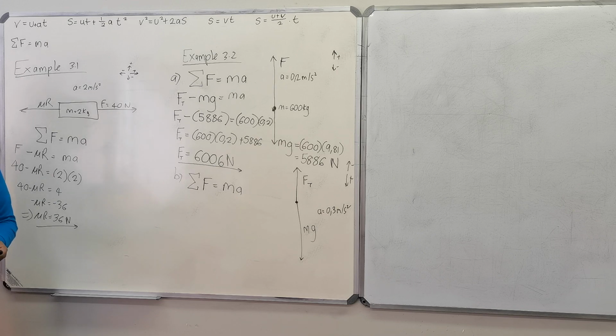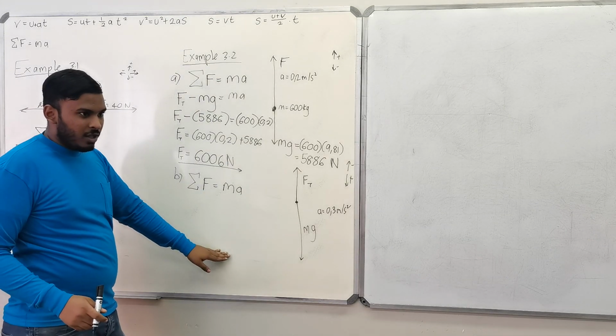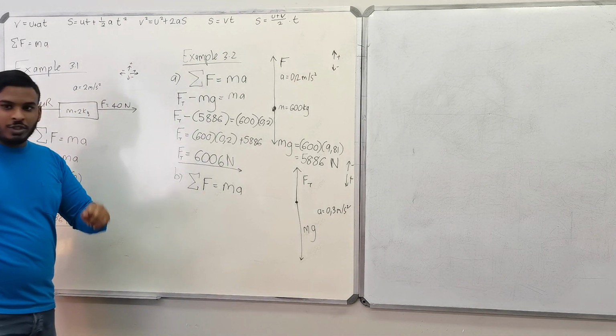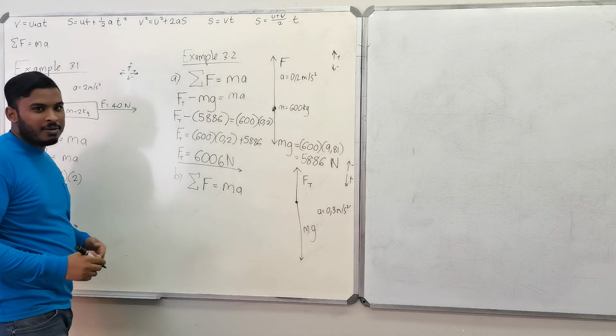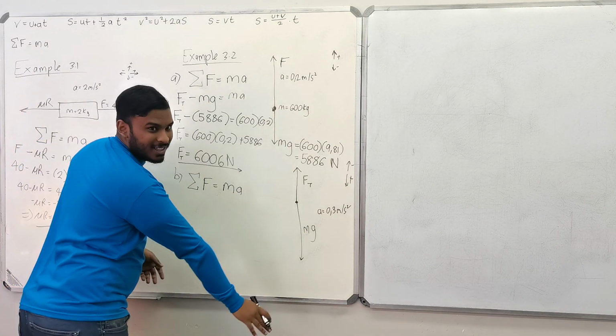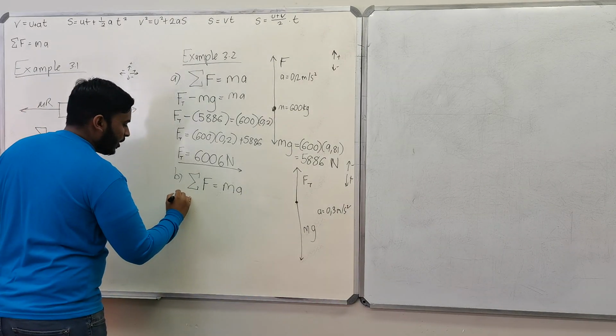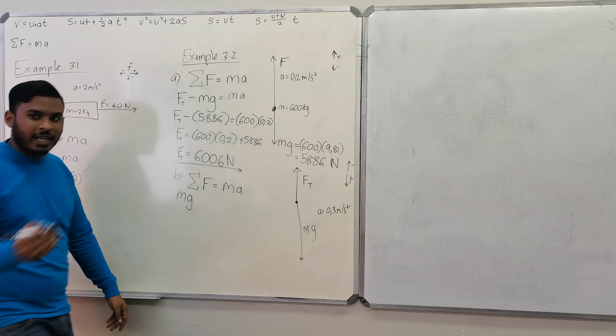Gravity is always pulling this thing down. So if it's moving downwards, it's moving with gravity. If it's moving upwards, it's moving against gravity. So in this instance, what force would you write first? mg. Would it be positive or negative? Positive, it's moving downwards.